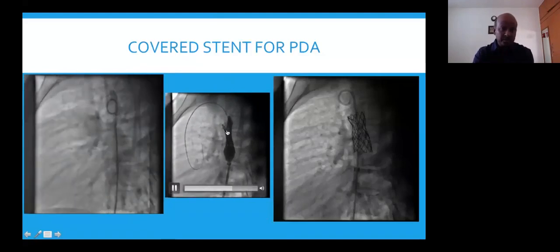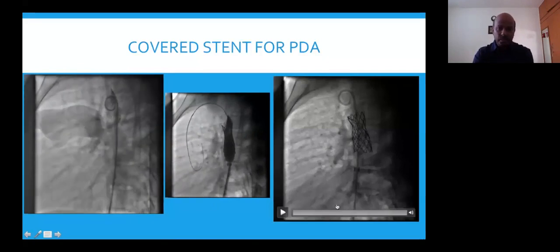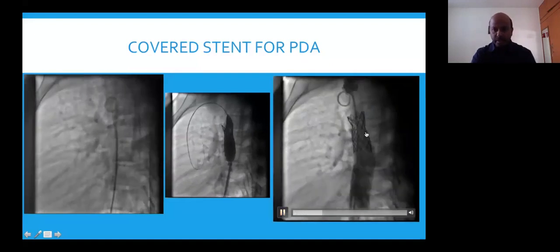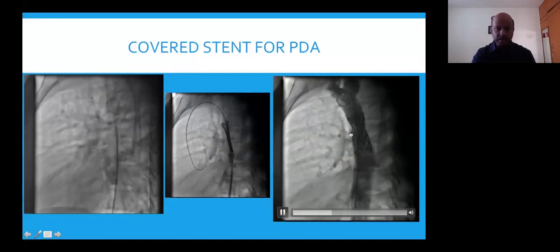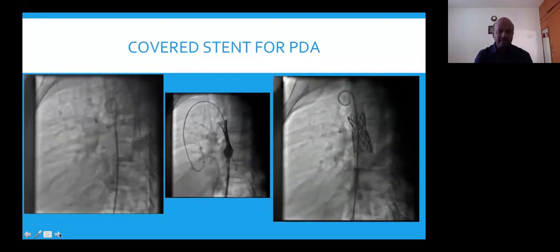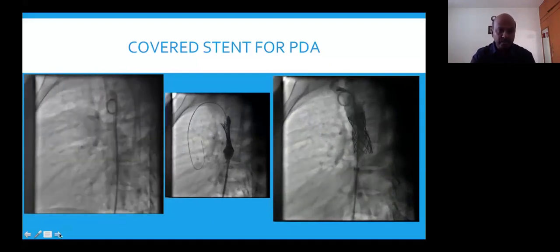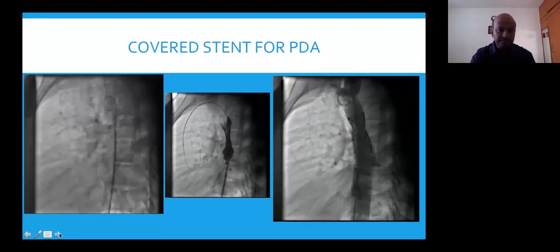So both of these lesions are addressed in one go with the deployment of a covered stent, which would relieve the coarctation narrowing as well as close off the ductal shunt. You see the ductal shunt is completely closed. So this is covered stent for PDA. This is one situation where the covered stent is used. The other one being exclusion of the ductal shunt in a duct which is calcified.